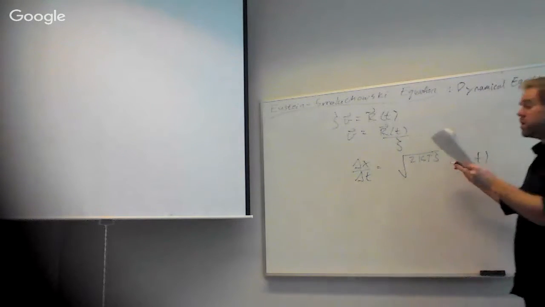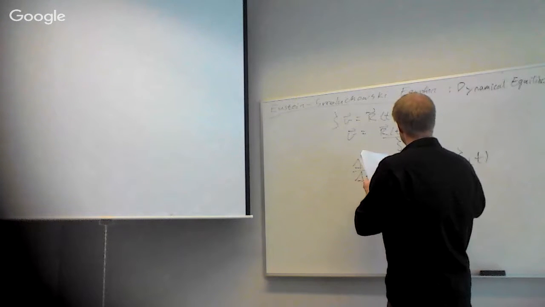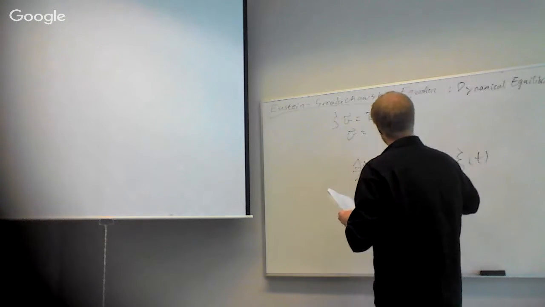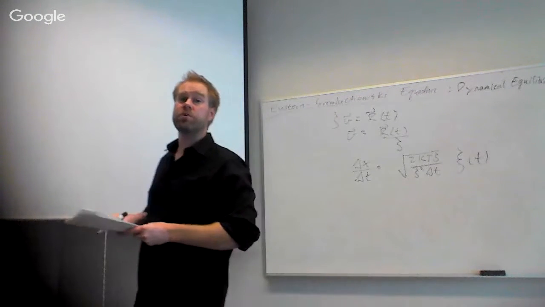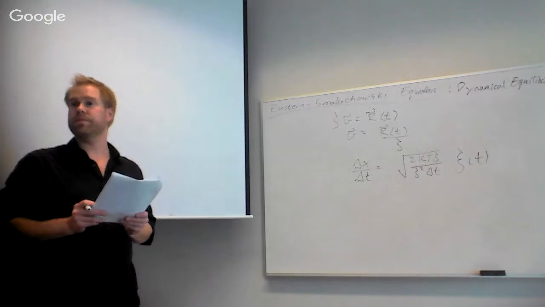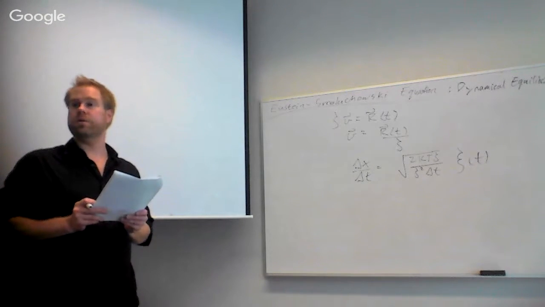Cool. And what do we know? Well, this is 2kT zeta over zeta squared, because I can pull that from the other side and pull it below. And we still have this delta t that comes from discretizing.